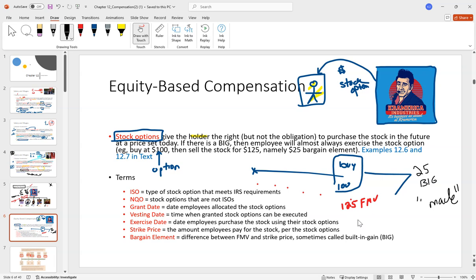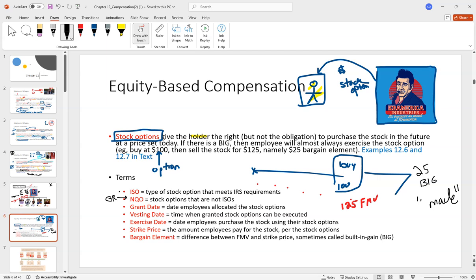So we will see, if you look at the examples, how and when and for how much, and what the basis in that stock is, depends on the type of stock. Generally, the general rule is that most stock options are non-qualified options. A non-qualified option is any option that is not an ISO.